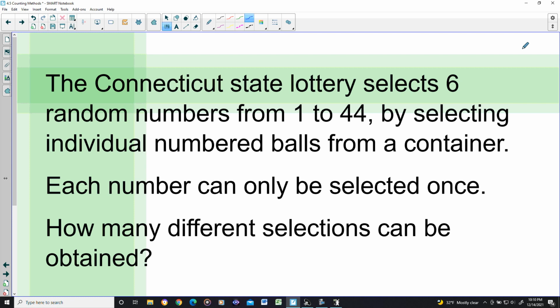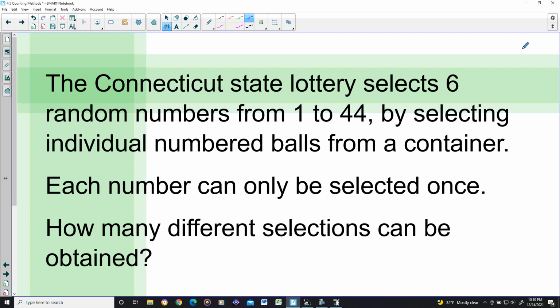Connecticut happens to be one of the states with the least amount of balls. Connecticut and I want to say Virginia have a lottery system where you pick from the numbers 1 to 44. Others it's higher. Like I know Powerball is 69 numbers. Mega Millions is something like that, 50 something numbers.